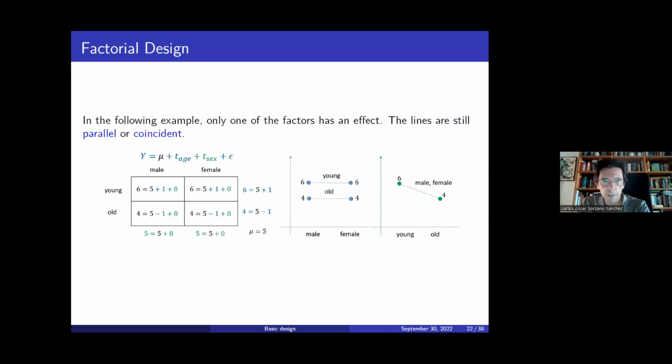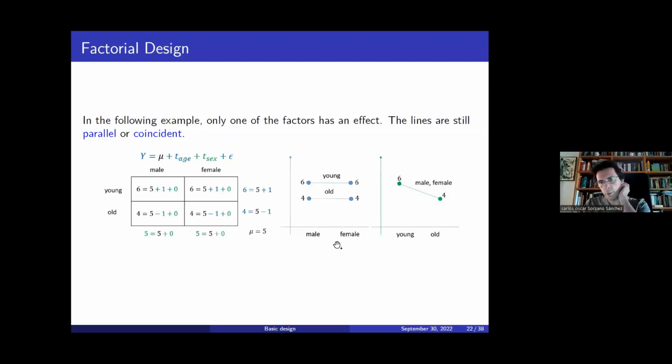Okay, here is another example. Now I have changed the data. So we observe 6, 6, 4, 4, and we can make the same decomposition as before. So what is the contribution of being young, being old, being male, being female? So now we see that there is no difference between male and females, but there is a difference in age.